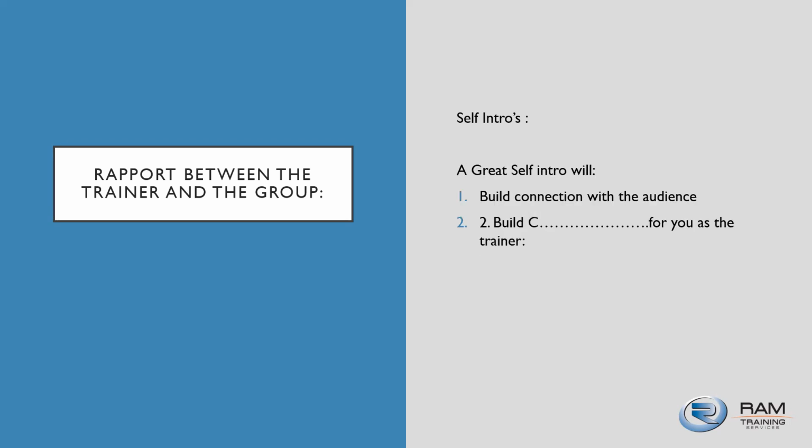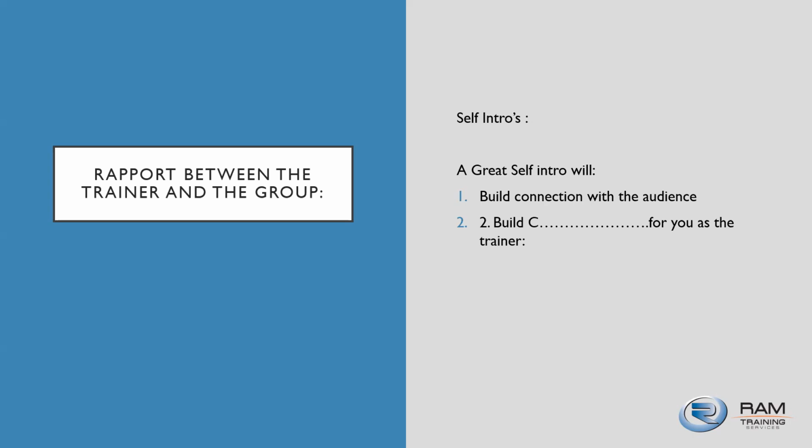A great self-intro will build connection with the audience and build credibility for you as the trainer. So it has to fulfill those two outcomes: build connection, and build credibility with your expert status.